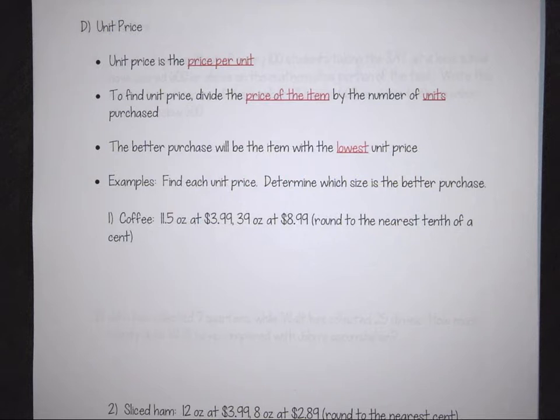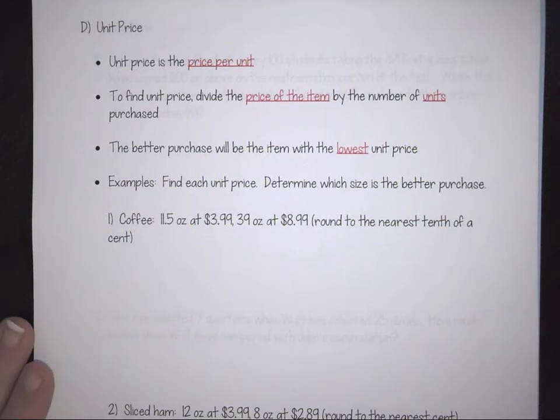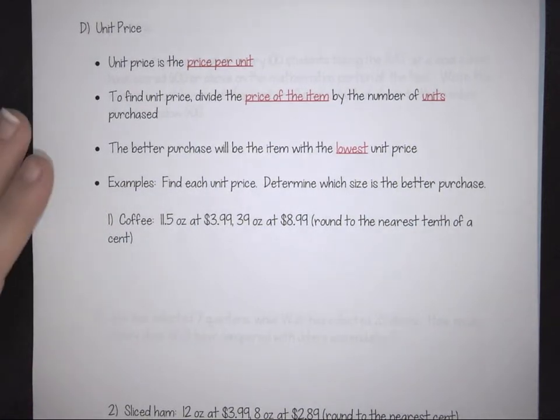Now you can compare that to anything. We could compare that to a party gallon, and you could actually see which is going to end up being the better buy. Now, most people would assume the better buy is going to be the cheaper option, but that is not always the case. So I want to take a look at a couple examples and let's just see what happens.